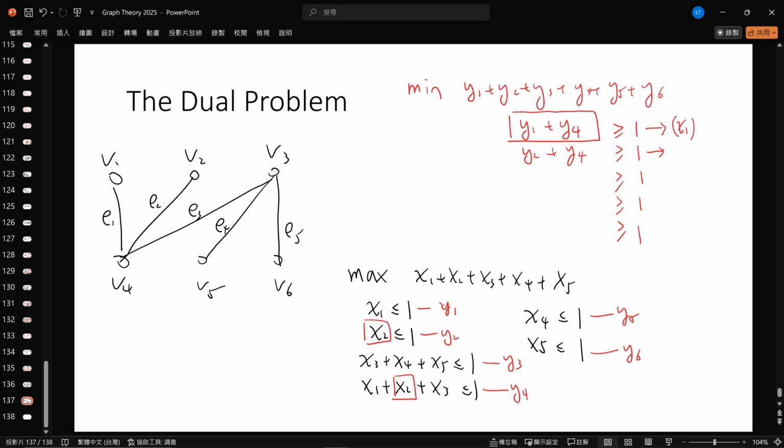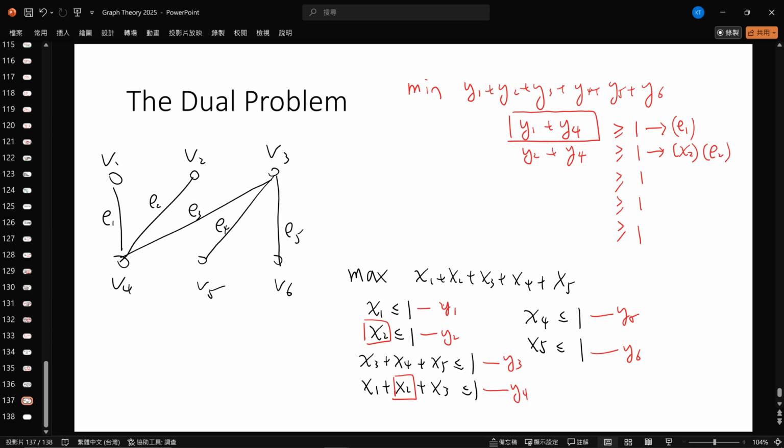This is for x1, but this x is related to edges, not vertices. So this is for E1. I'm sorry. Similarly, this is for the variable x2, and x2 is related to E2.